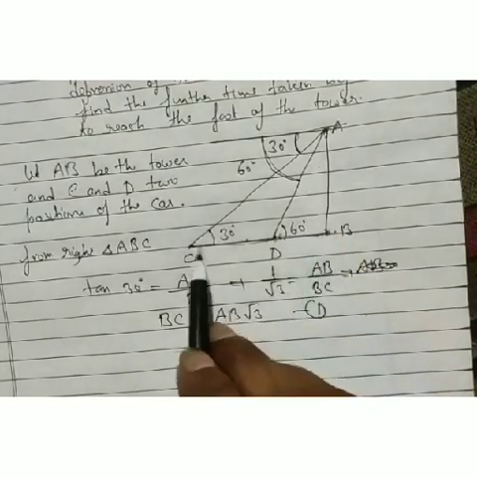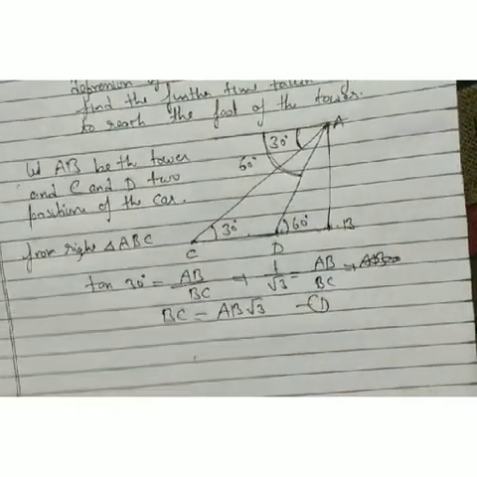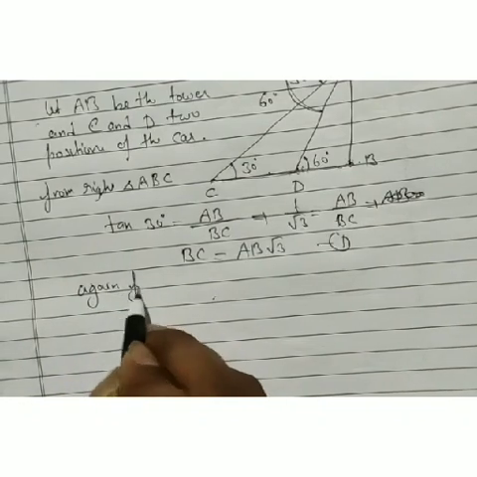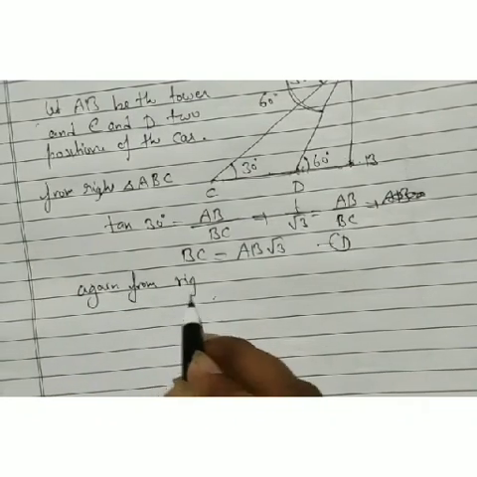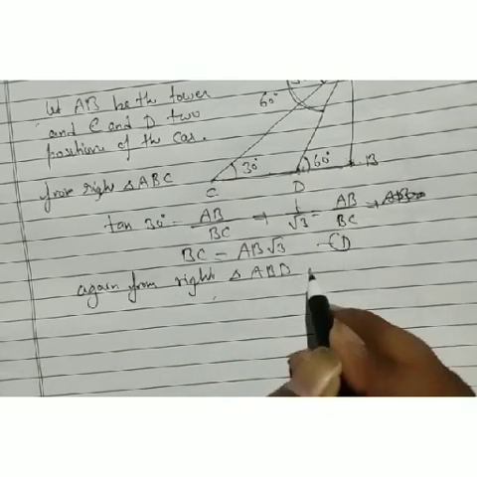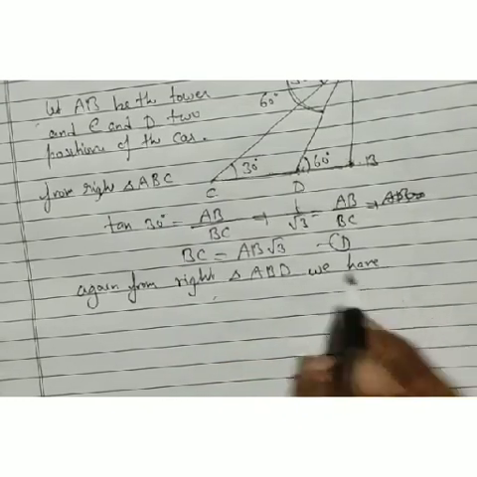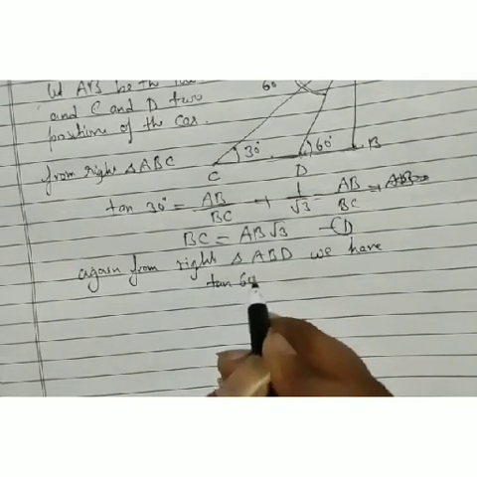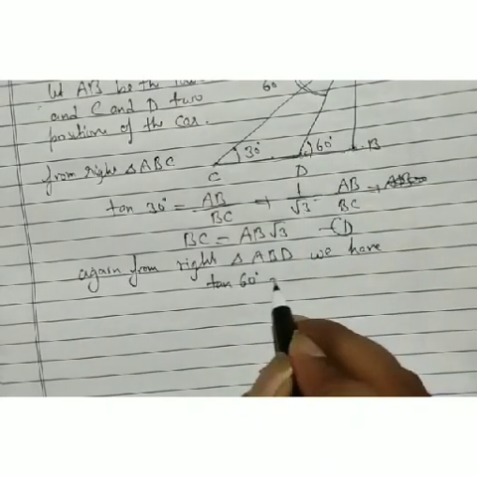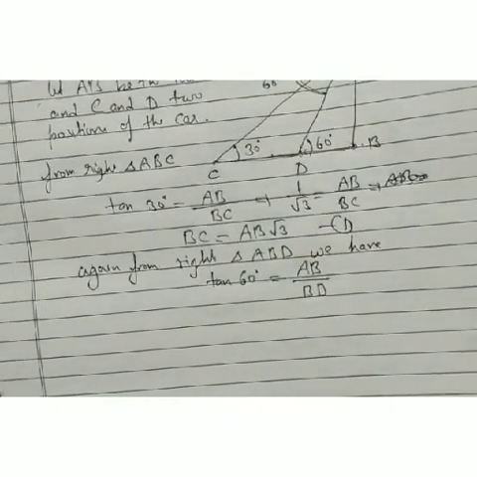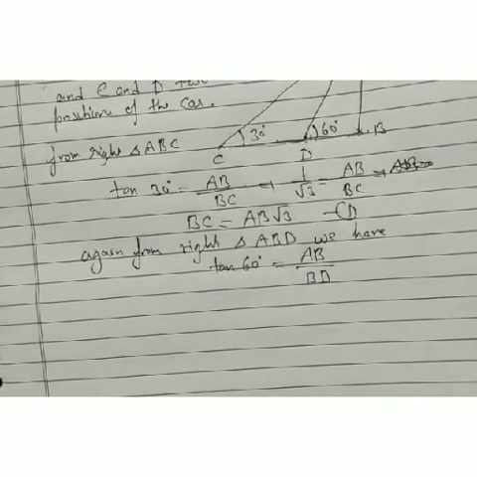Now we have taken one complete triangle ABC. Now we take ABD. Again from right triangle ABD, we have tan 60 degrees, since our angle is 60 degrees. Tan 60 is AB upon BD.